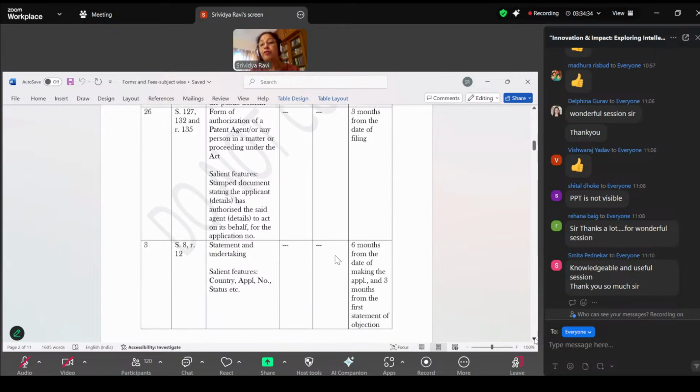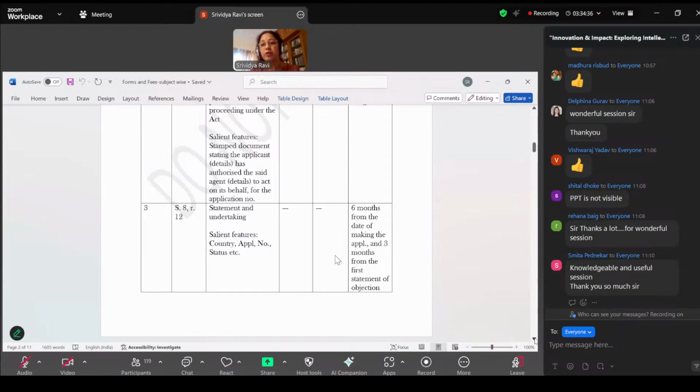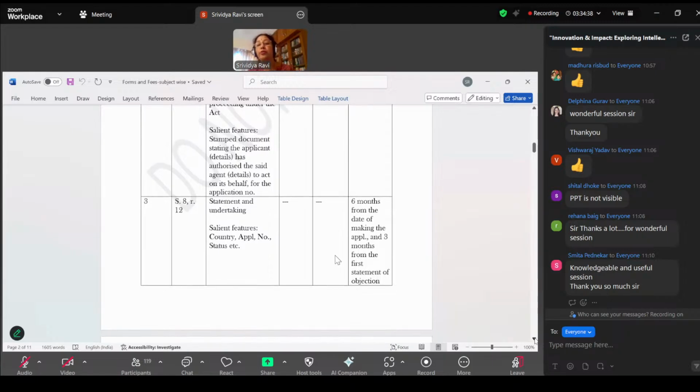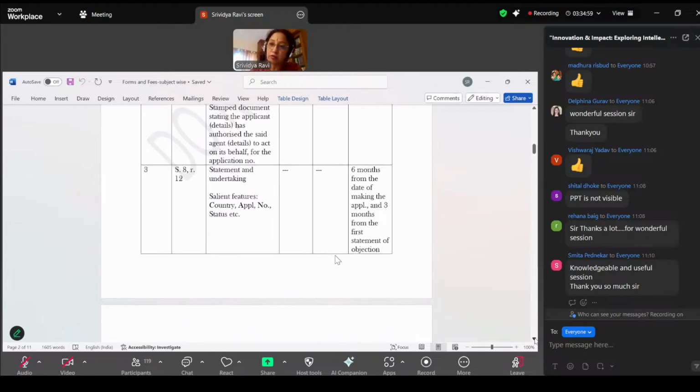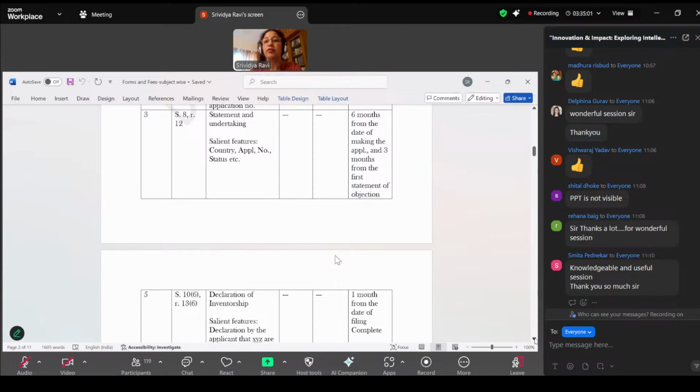Okay. Then Form 3. Form 3 is important because when you apply for a patent in India and consider applying for patents in other countries, it is obligatory on you to keep the patent office informed. So if you make any foreign applications within 6 months, inform the Indian Patent Office, or within 3 months of the issue of the first examination report, you can tell the patent office where all you applied in foreign countries.